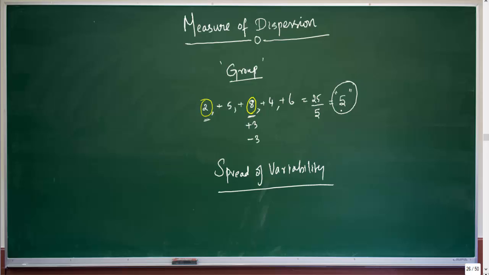It will give us a mathematical value, and that mathematical value will tell you to what extent there can be deviation on both sides. So to summarize, dispersion is the measure of the extent to which individual items can vary. In the next session, I'll take you through what is the objective of these measures of dispersion.